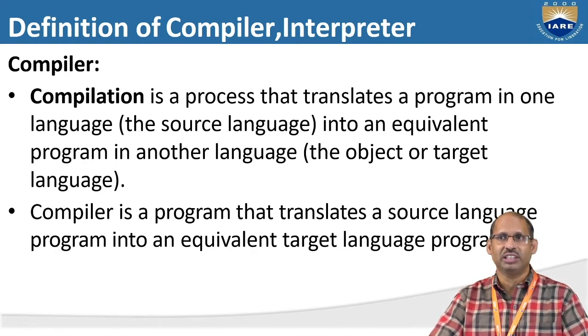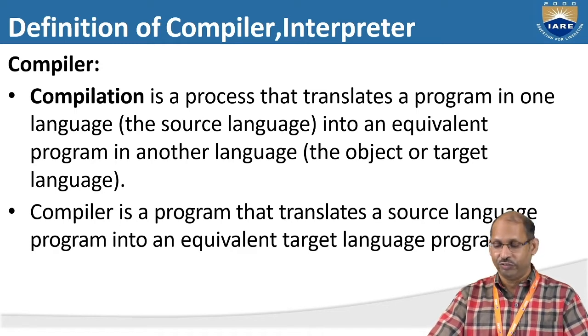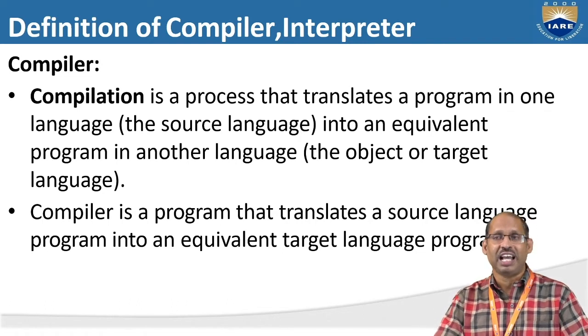Target language programs are machine level programs: assembly language and machine code in terms of ones and zeros. So microprocessor programs, all are machine level programs. So we need the compiler for converting these high level language programs to machine level language programs.